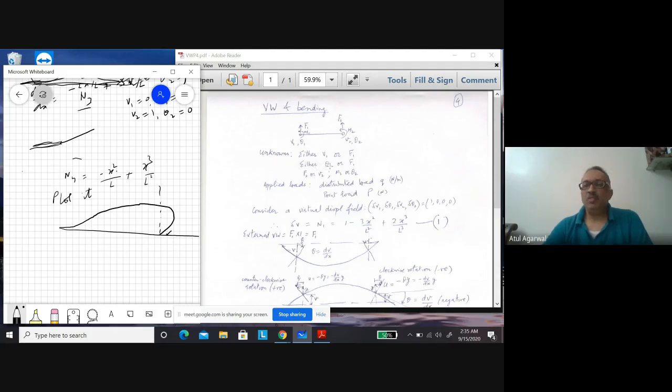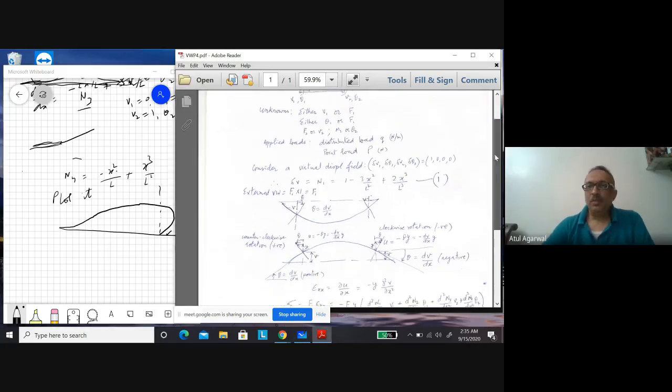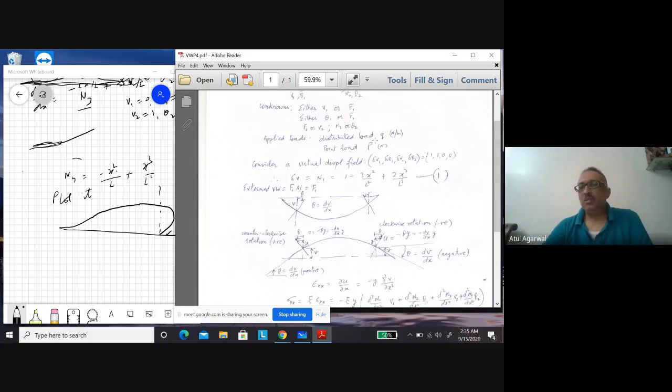Similarly, theta 1 or M1. Similarly for node 2, it is F2 or V2, or M2 or theta 2. So these are our applied loads: distributed load in newton per meter, point load in newtons.